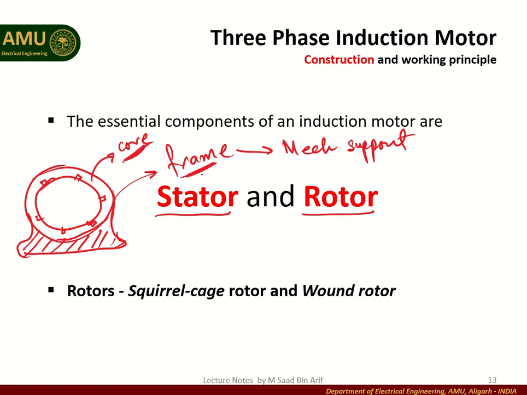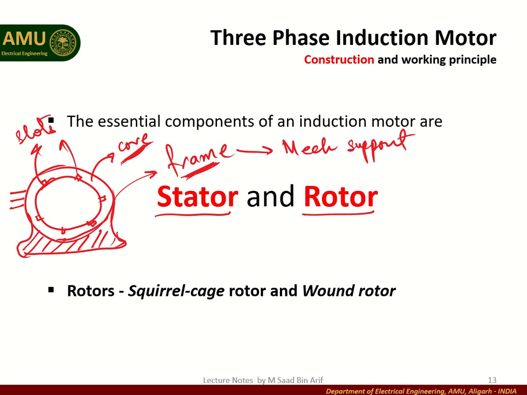Now the identical coils are placed into these slots, and then connected to form a complete winding, and then the output of these windings is taken out and connected to the supply.